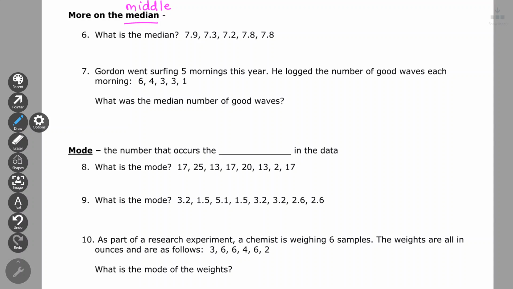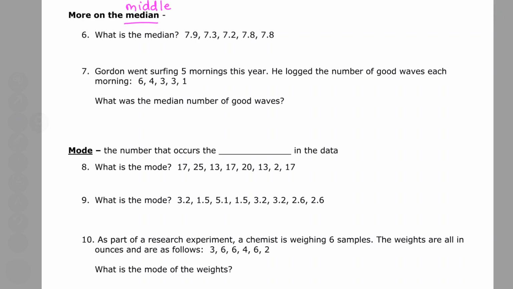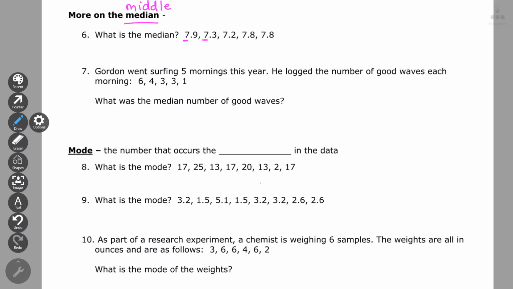You still put them in order from least to greatest. Remember, when you're looking at decimal numbers, you want to make sure that the ones position, if they are all the same, which these are all 7, then you want to move to the tenths space, which is the number to the right of the decimal.